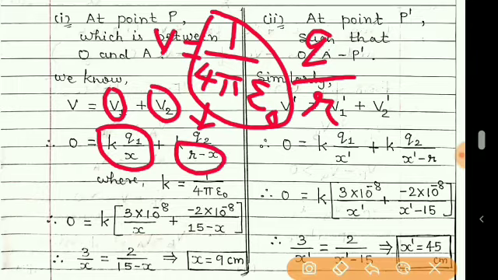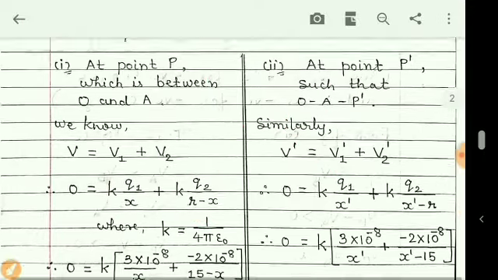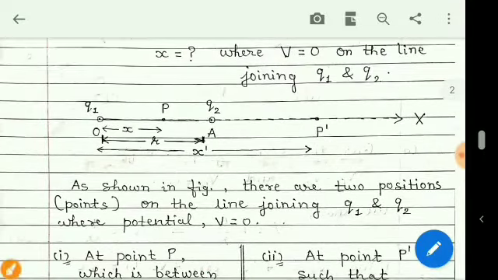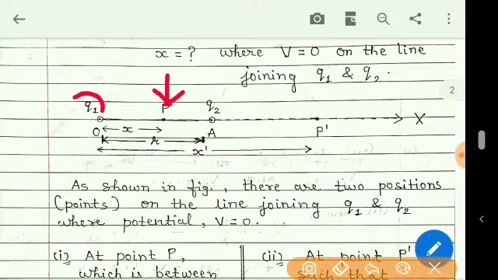Now I will show you these distances in the figure. You can see here we want to find the potential at this point. So for the first charge Q1, the distance of this point is x. So we have taken the distance x.